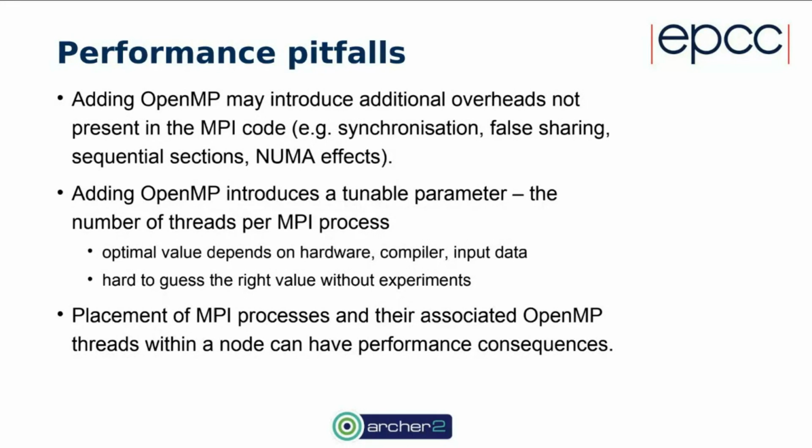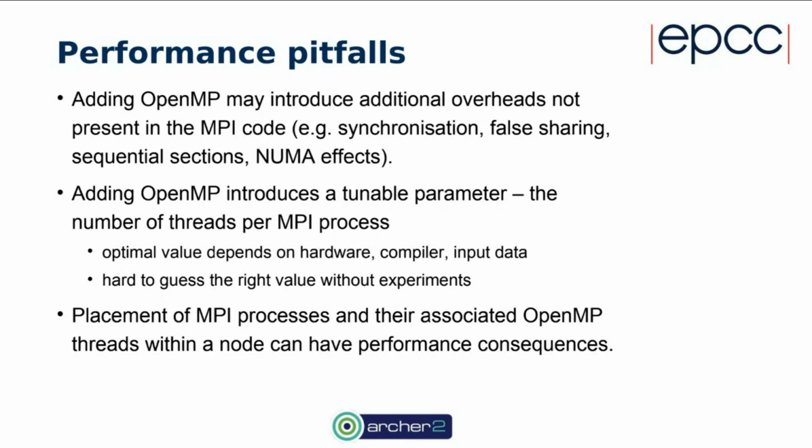There's also some added complexity, because adding OpenMP introduces a tunable parameter into how we run the code. This is the choice of the number of threads per MPI process. The optimal value of that will depend on the hardware that you're running on. It may depend on the compiler that you're using, the MPI implementation that you're using, and it'll also depend on the input data.